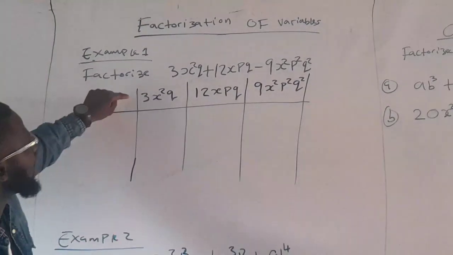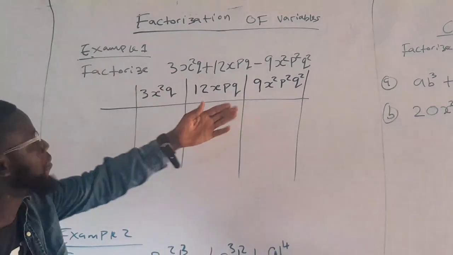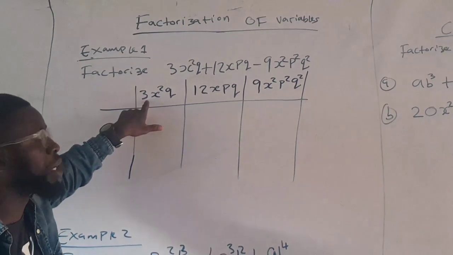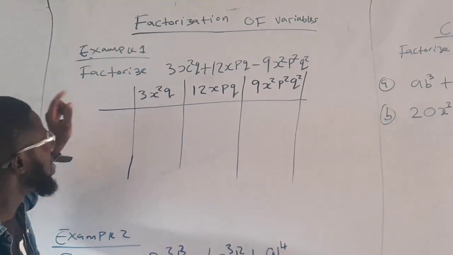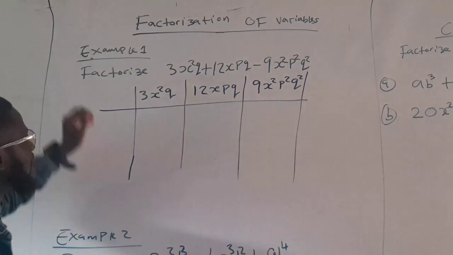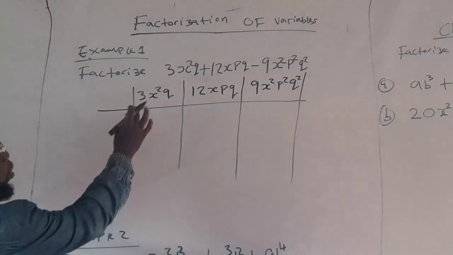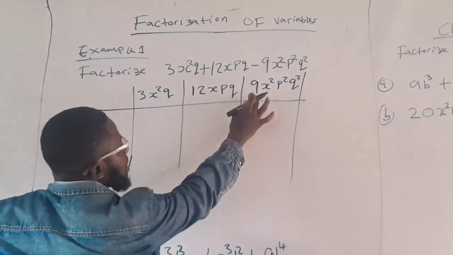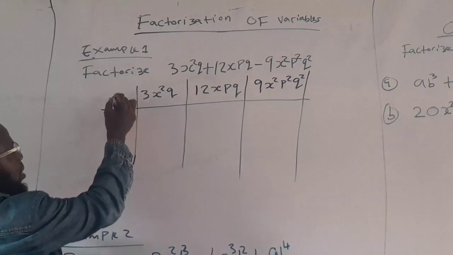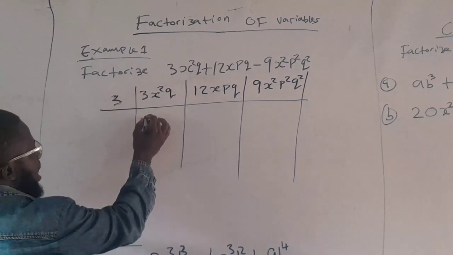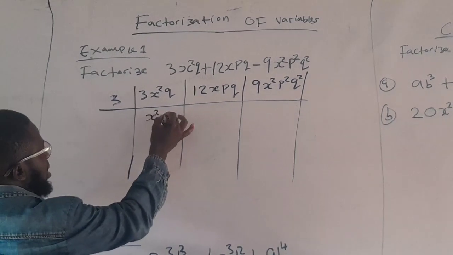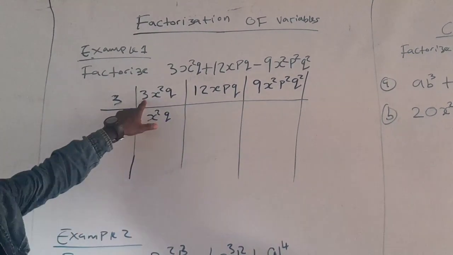Now let's see. If I start from 1, it can obviously go. If I check 2, it cannot go in 3. So 2 is out. The number you are going to use must go in everything. So I go to 3. 3 can go in 3. 3 can go in 12. 3 can go in 9. So I use 3 to divide. So 3 here, that will be x squared, and I will have q. This 3 will be gone.